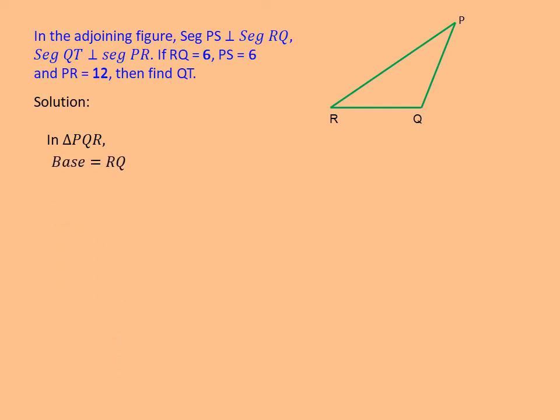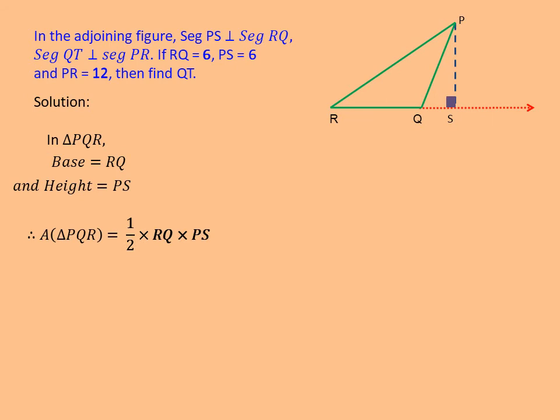So when I draw a perpendicular from P to side RQ, it will go outside, as you can see in the diagram. So PS is perpendicular on RQ. Therefore, height will become PS, and therefore area of triangle PQR will be equal to half into RQ into PS.